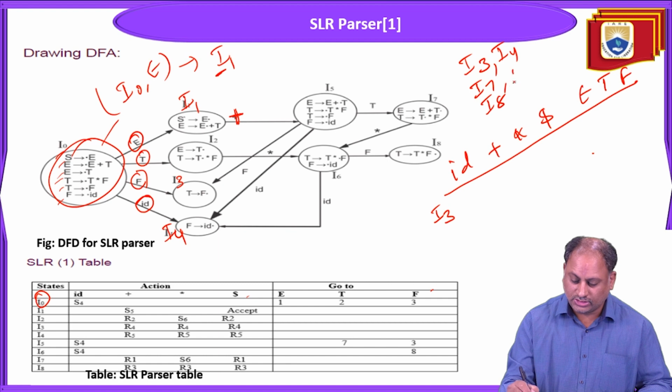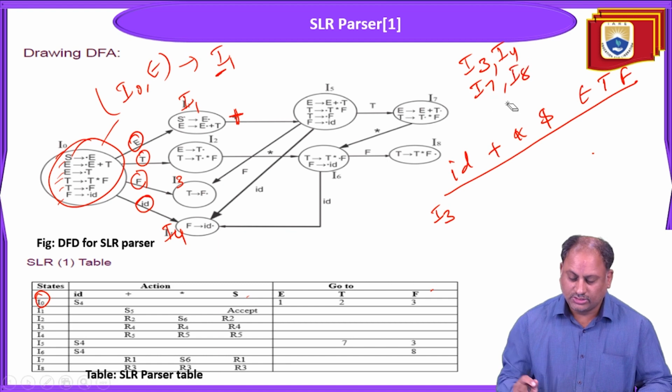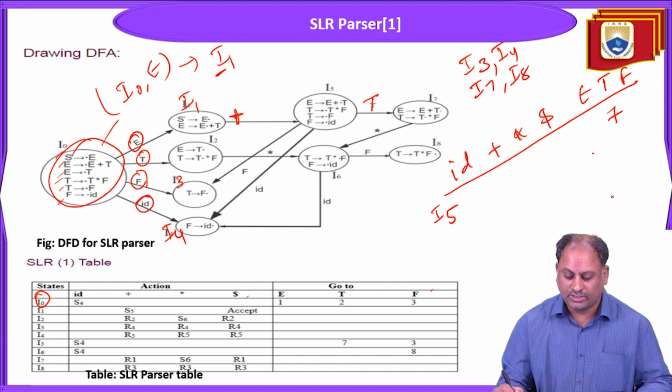So these are the reducing states which are to be written with separate rule numbers. Now if you consider I5, the state I5 with capital T, it is to be written as 7, because the state is reaching I7, so we have to write 7 in place of T across the row and column. Row is I5, column is T. So where the cell intersects, we have to include that state number, that is 7.